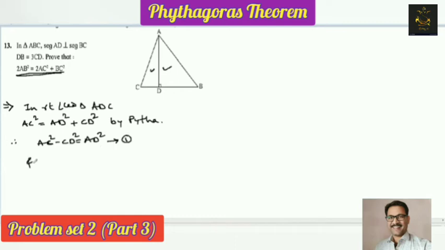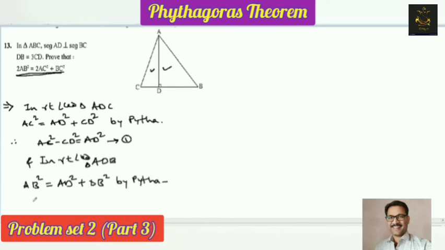Similarly, in right angle triangle, one more right angle triangle. Yes, which one? ADB. Okay, this is one more right angle triangle ADB. Again by Pythagoras what you can write here now. This is AB square is equal to AD square plus DB square. Okay, this is by Pythagoras.